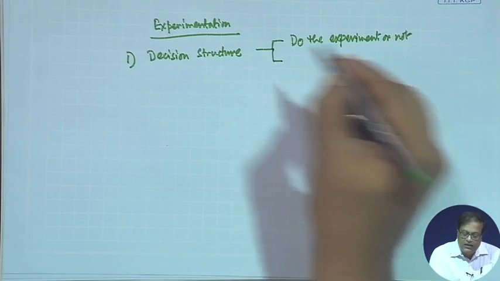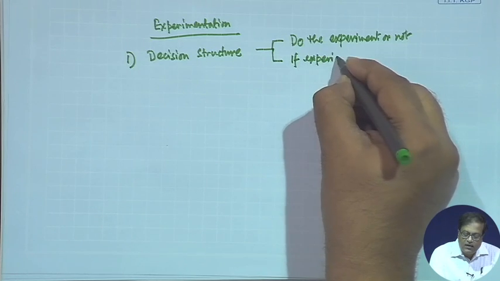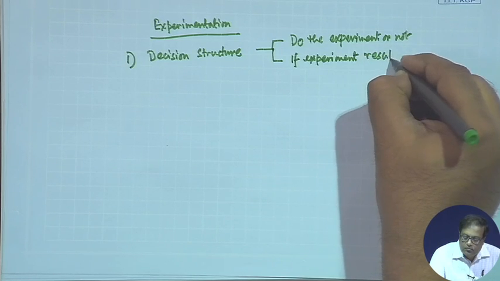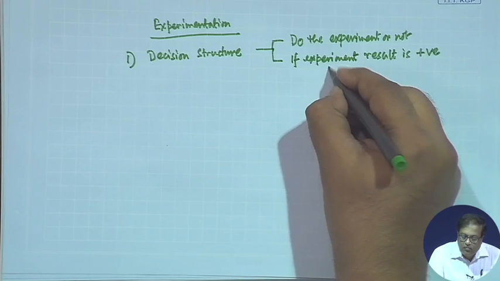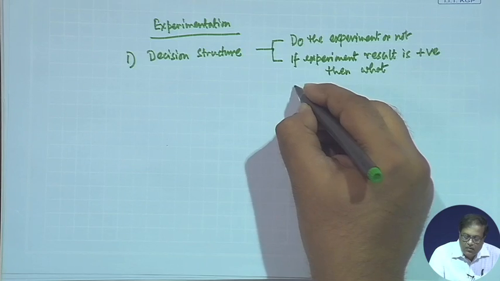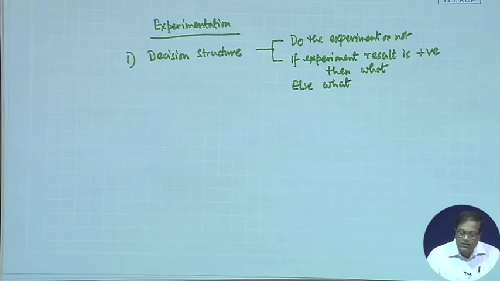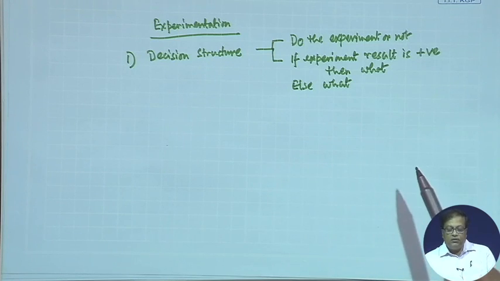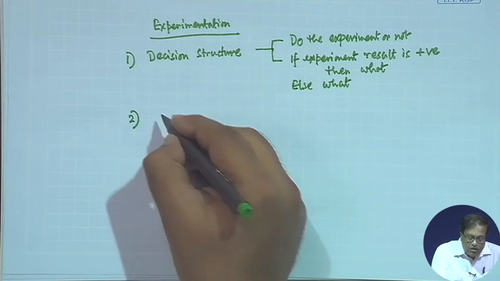Then the second set is, if the experiment result is positive, then what? Else what? So, that is the decision structure. Do the experiment or not? If the experiment result is positive, then what? Else what?